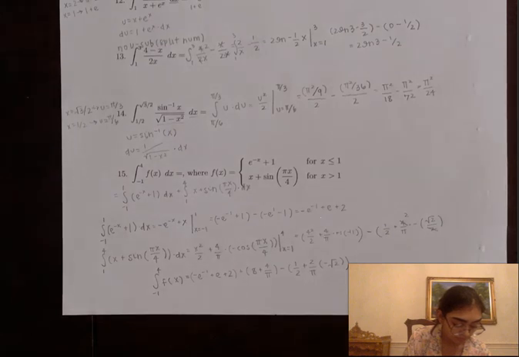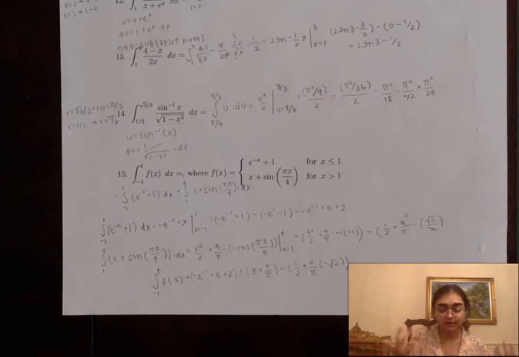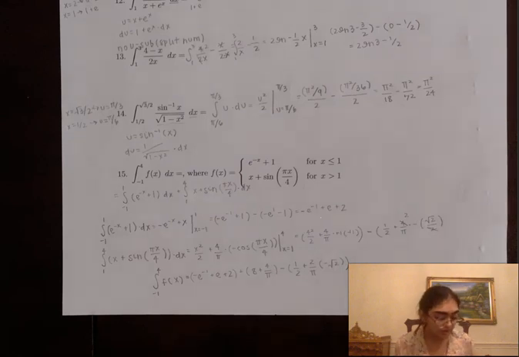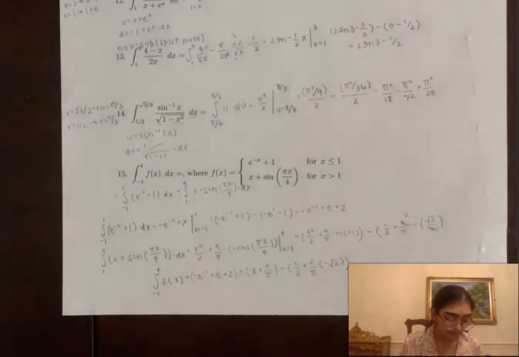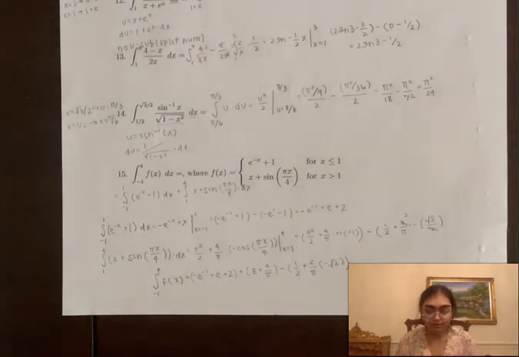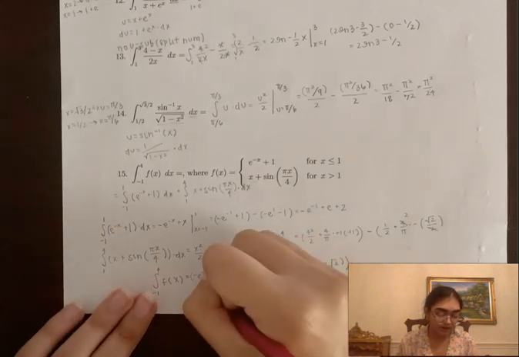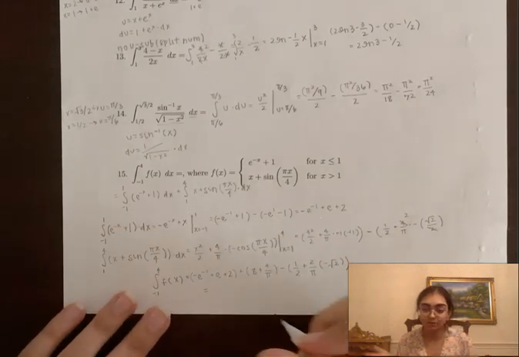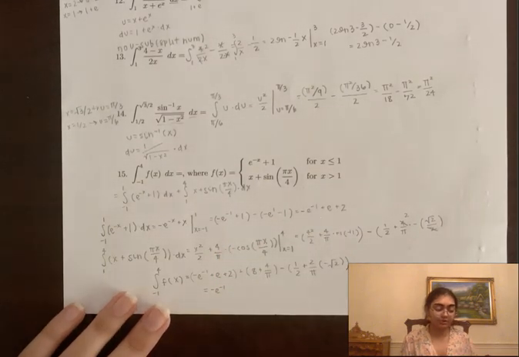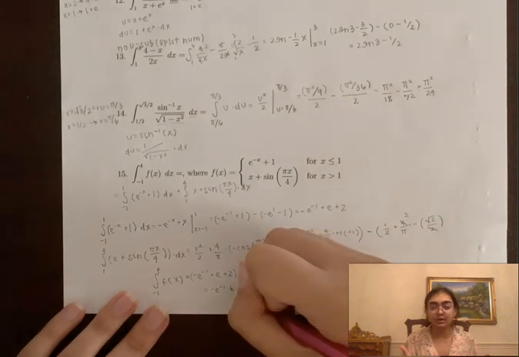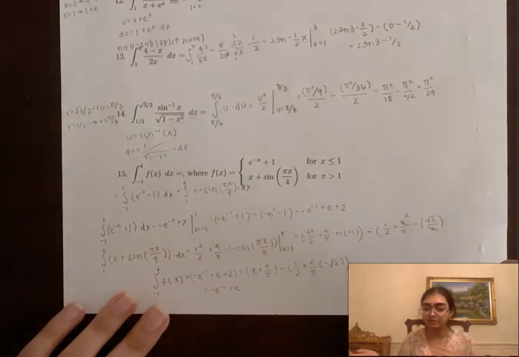So what we're going to do is we have our negative e to the negative 1 plus e. Those two are going to stay the same. We can't really touch those. The things that we are going to change are, we're going to add the 2 and the 8 together to give us 10. And then from 10, we're going to subtract 1/2. So that means that we have to convert 10 into halves to be able to subtract fractions, right?